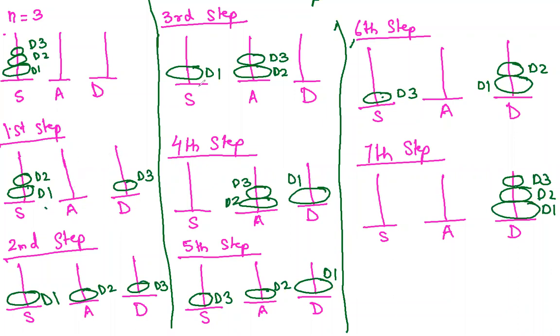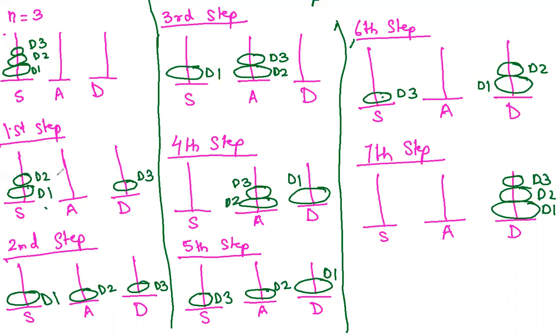Again, a number of options. You can try different options, but whenever we are having n equal to 3, this is the arrangement of the disks in the descending order. Our objective is to move all the disks in the same order from S to D. In the first step, you can have multiple options, like you can move D3 to A, or you can move D3 to D. But if you take any kind of combination, ultimately you will see that this is what we are actually doing, like in the case of n equals 2.